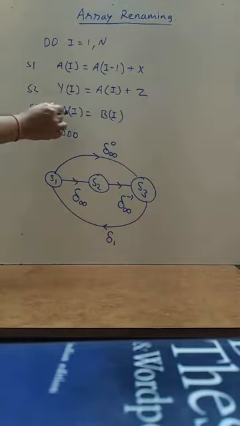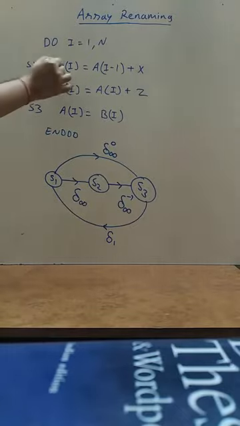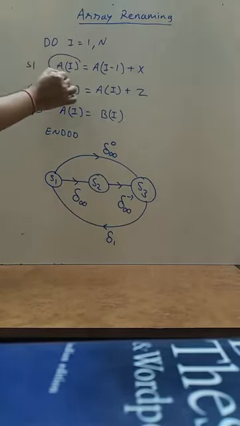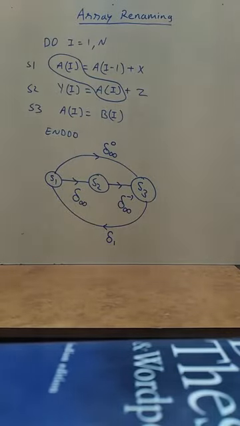Now the second time when it is defined in S3, it is used in S1 of the next iteration. So if you have to partition this iteration, then this definition of a of I and this use is one part.